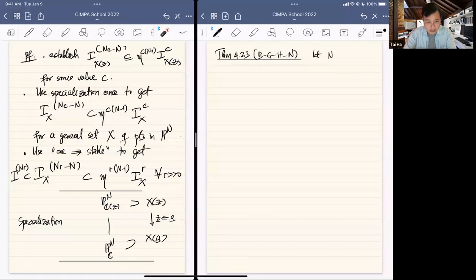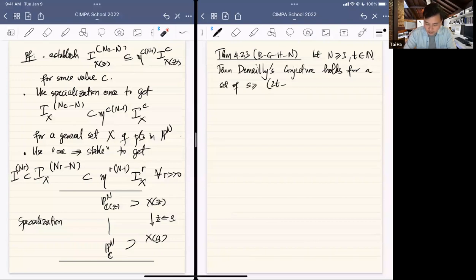So let n be at least 3, t a positive integer, and then Demailly's conjecture holds for a set of s at least (2t+2)^n general points in P^n.